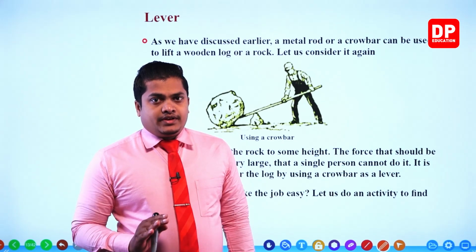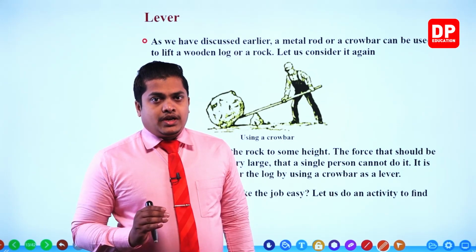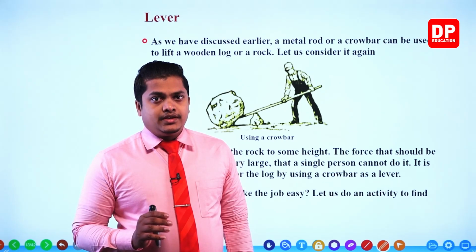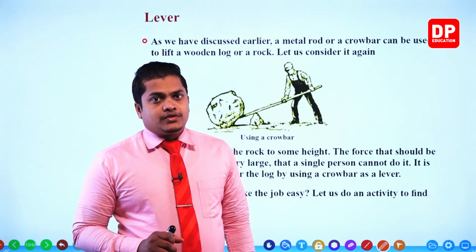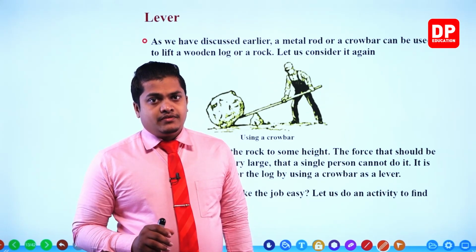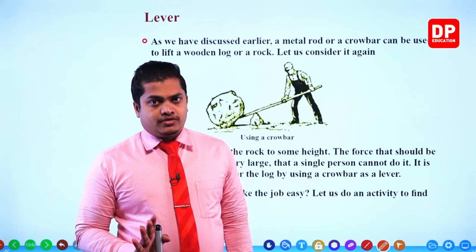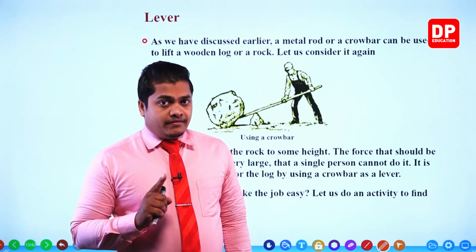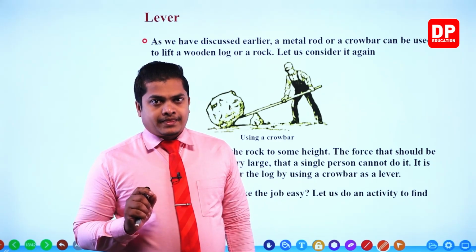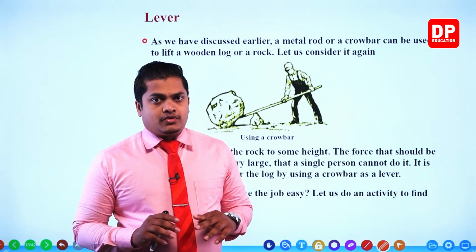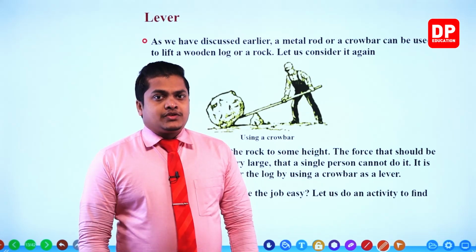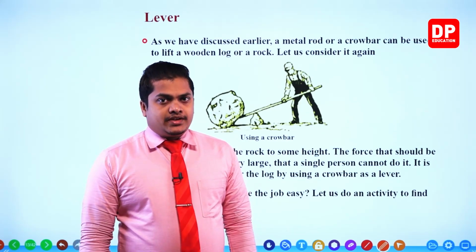Over there we discussed how to utilize the instrument called the lever, that's the simple machine. By using the lever, we moved it to a different location. Especially, we did a simple experiment within our laboratory to give you an idea about this lever process. So now we are going to consider it once more.